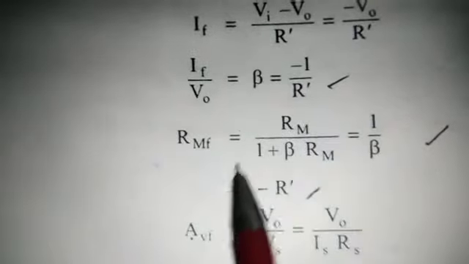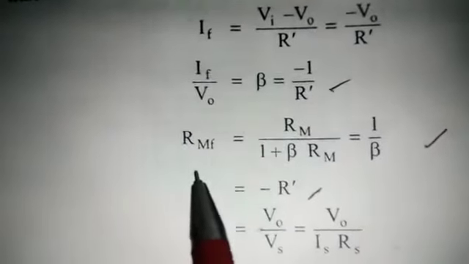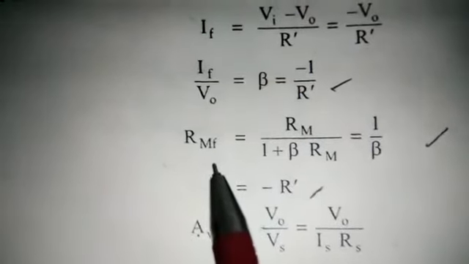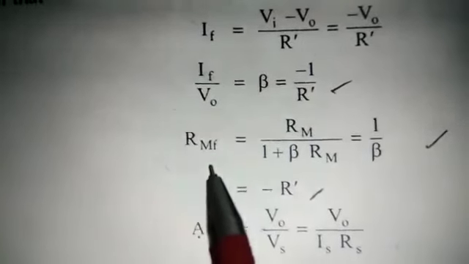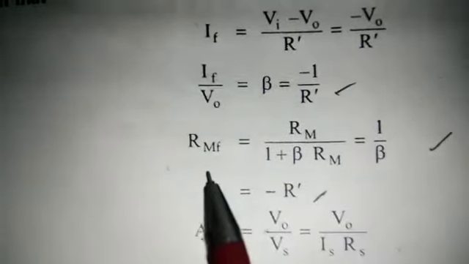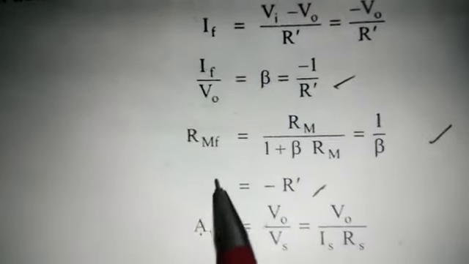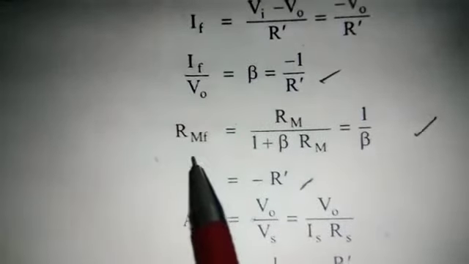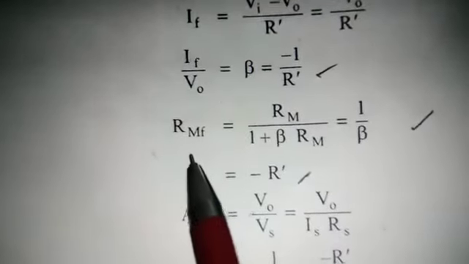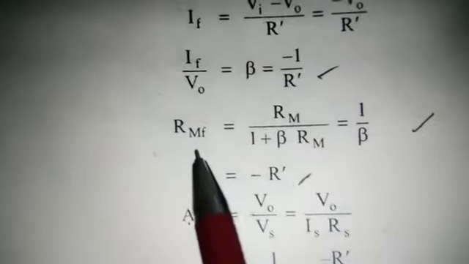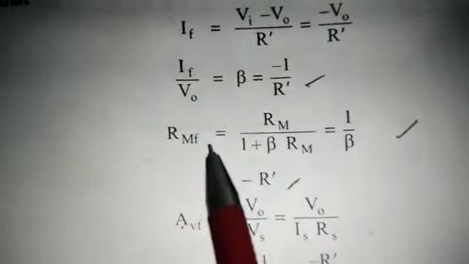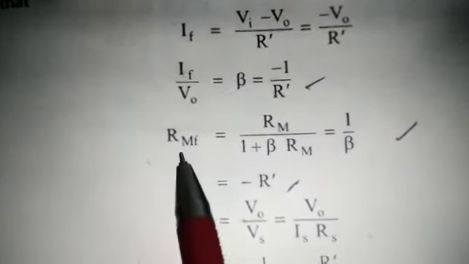Now the most important thing is the RMF. It is called the transresistance with feedback. In general, we can write AF, and since it is a voltage shunt feedback, in place of AF we can write RMF. This is transresistance. In all four topologies, this factor is different. In shunt feedback, we have RMF.